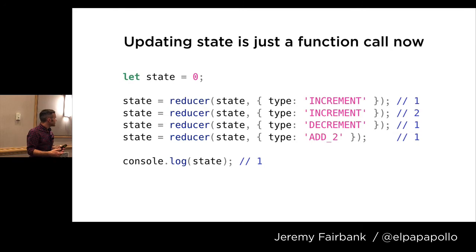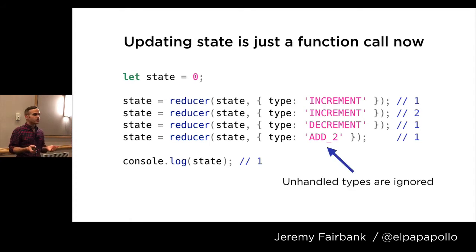I get 2. So you see how this pattern is focusing our reducer to just take actions we know how to handle, and that's how we update state. And in fact, if we just tried some random action that we haven't made well-defined and the reducer doesn't handle it, it's just going to ignore it. So nothing's allowed to change state without the reducer knowing what kind of action it is.